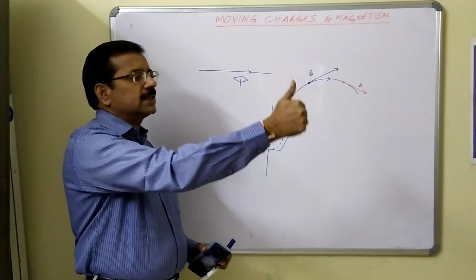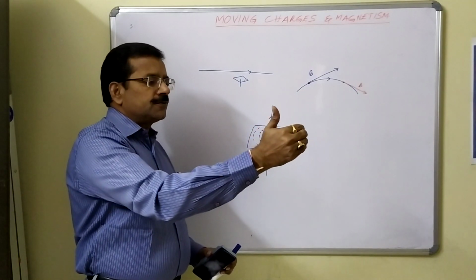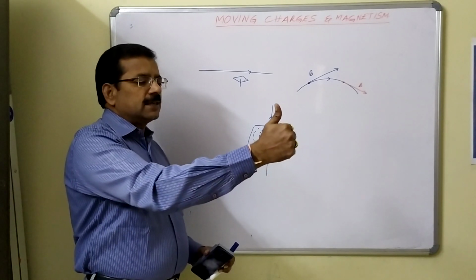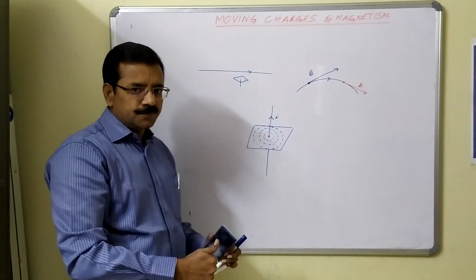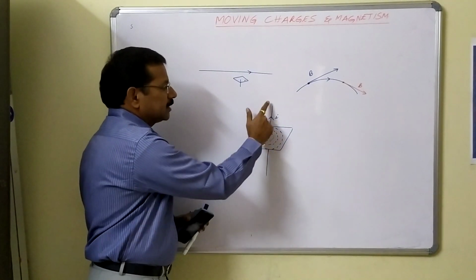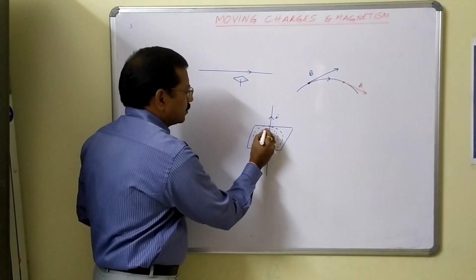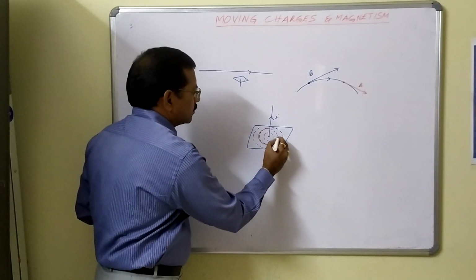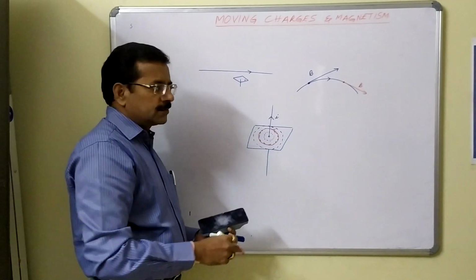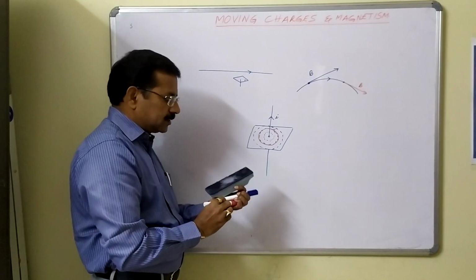For instance, if the current is in upward direction, hold your right hand like this, with your thumb indicating the direction of flow of current, which is upwards. Then the direction in which the remaining four fingers curl indicates the direction of magnetic field lines. So in this illustration, the direction of flow of current is upwards, so the field lines are like this, that is counterclockwise with respect to the top view.